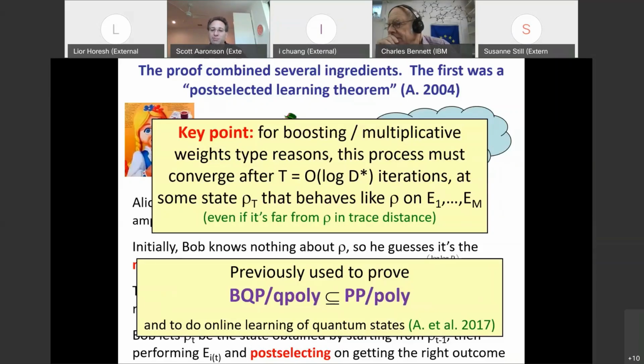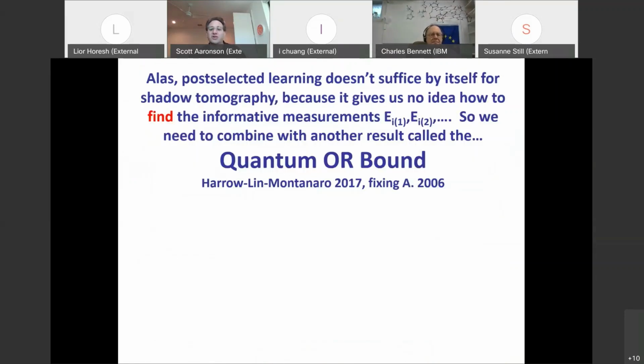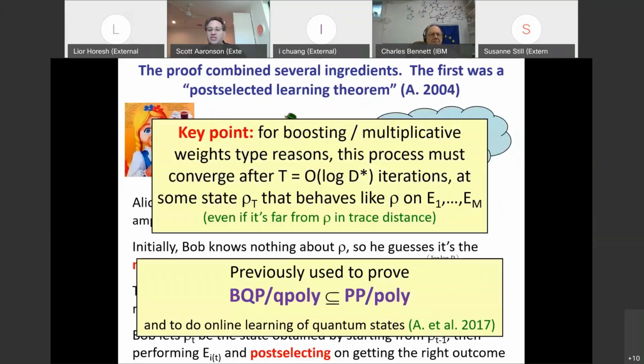You can always replace quantum advice by classical advice as long as you have exponentially more time to interpret what the classical advice is trying to tell you, which in this case would mean simulating that post-selection procedure.